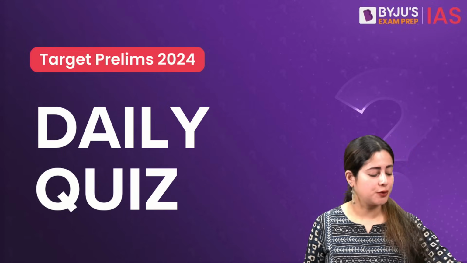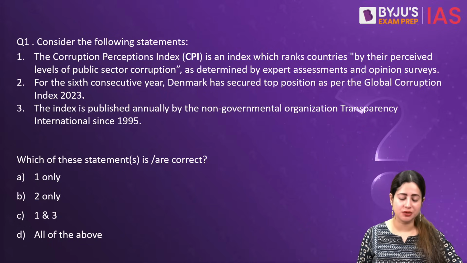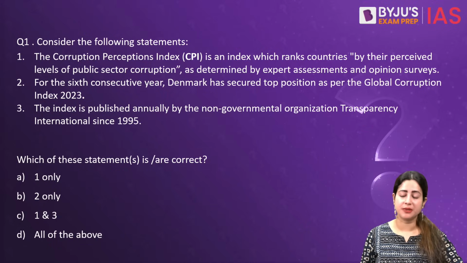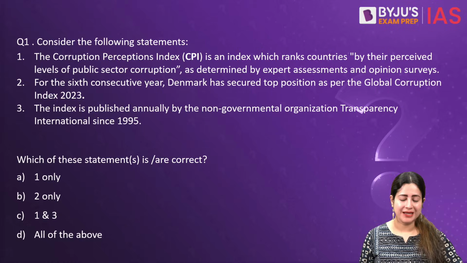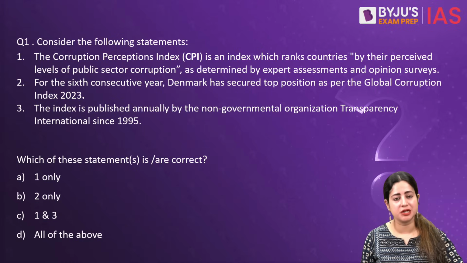And now let's focus on the first question on this screen. The question comes in the form of 3 statements and it talks about the Corruption Perceptions Index or the Global Corruption Index. You might have understood why this question has been taken up for discussion today.